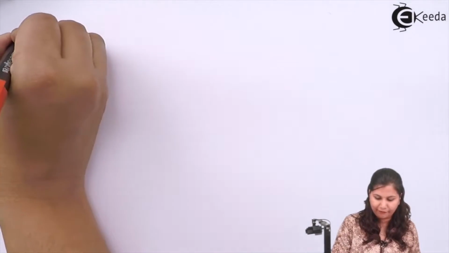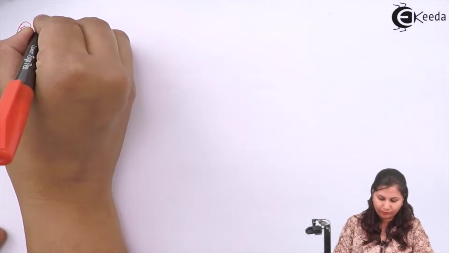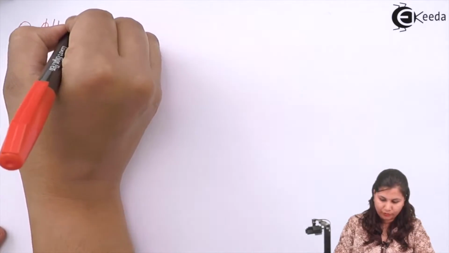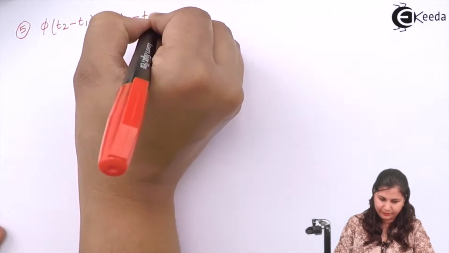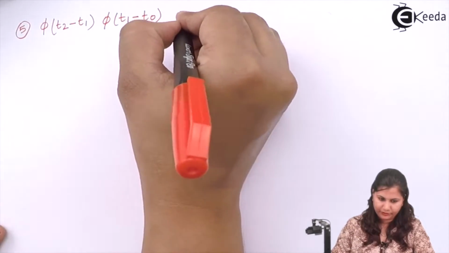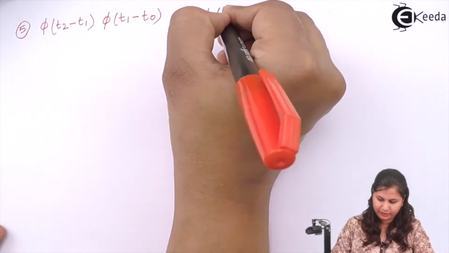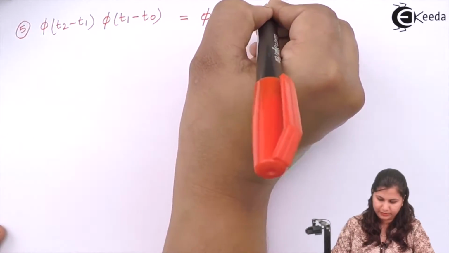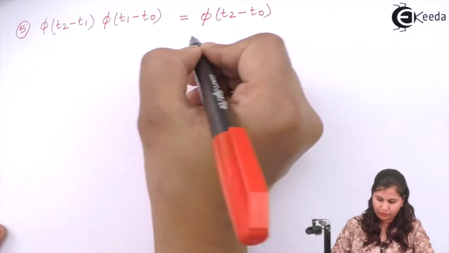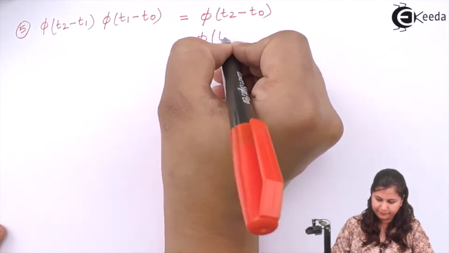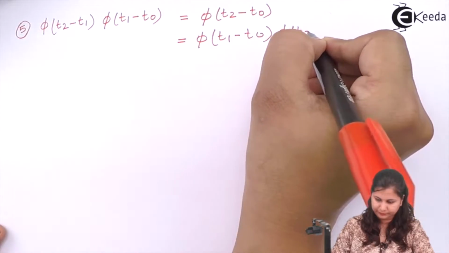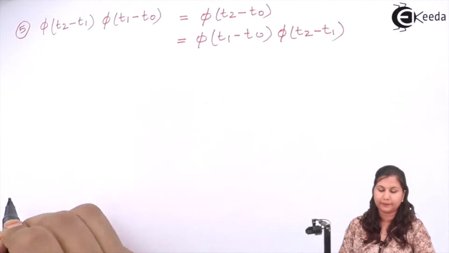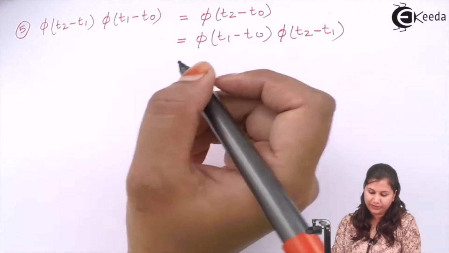Now next we have the fifth property: phi(t2 minus t1) times phi(t1 minus t0) is equal to phi(t2 minus t0). How can we prove this?